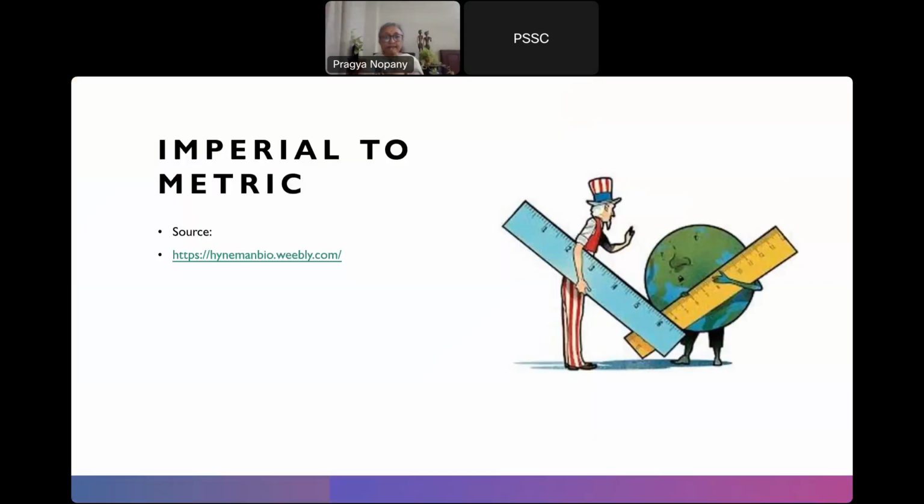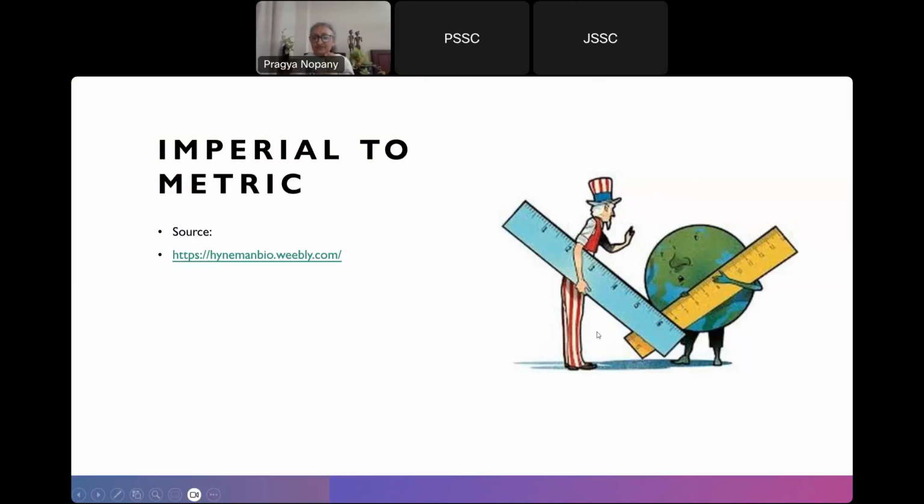Then another topic that this chapter takes up is conversion. So this is a painting, or a depiction, of conversion from the imperial system to the metric system. And you can see that this is the inch-foot system, showing the imperial system, and this is the metric system showing lines in centimeter. And why has this huge sphere been shown, can you write in the chat box?